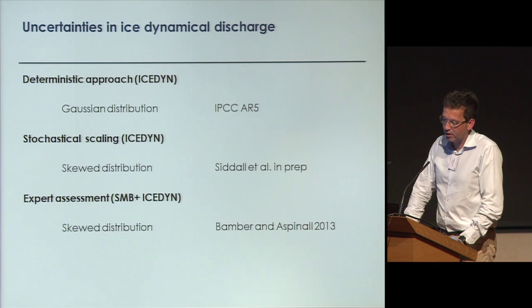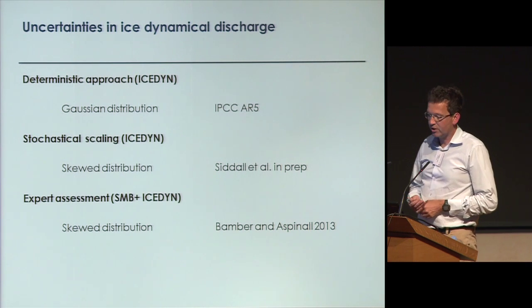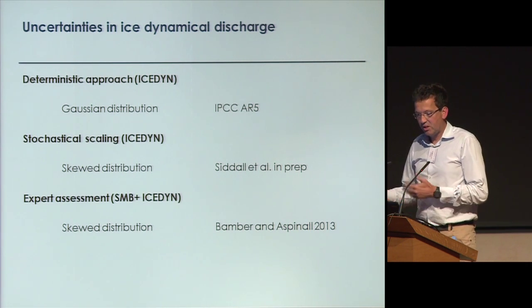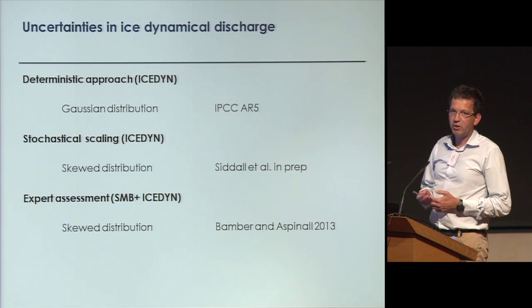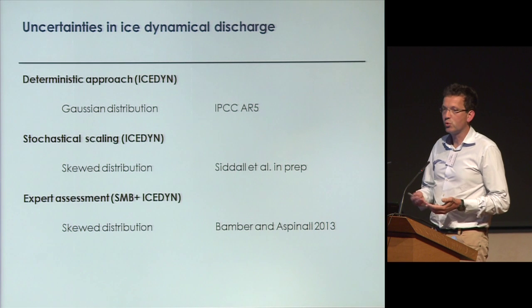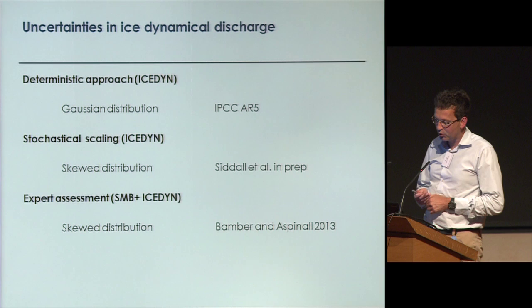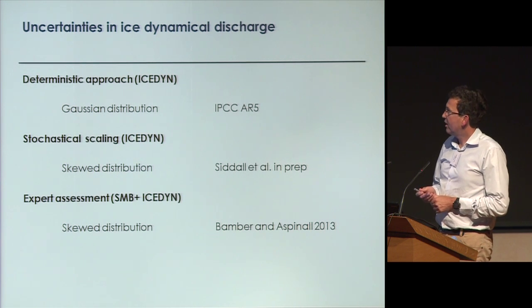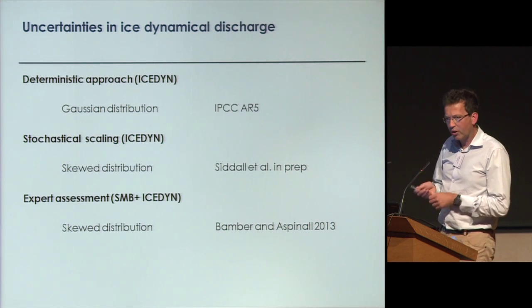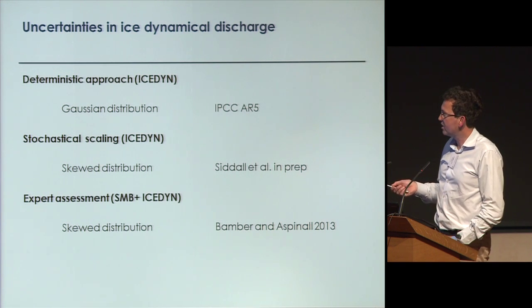And one is what I would call the deterministic approach, which is basically what is done in the IPCC report. So in the IPCC 5 report, there will be a prediction on the ice dynamical contribution to sea level, which is, I presume, Gaussian distributed. And there are a couple of other approaches which draw my attention.